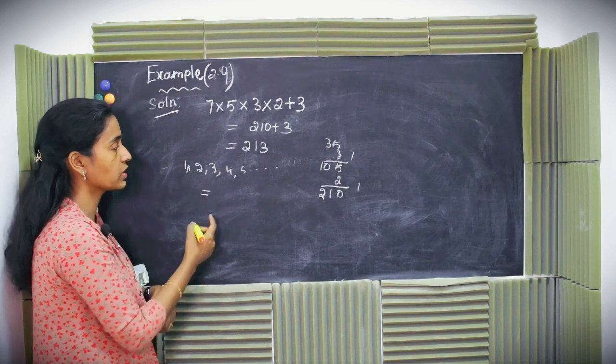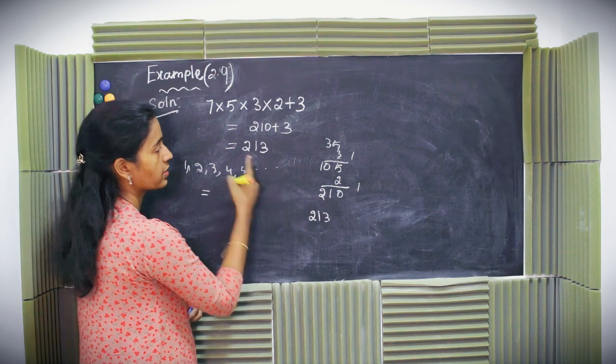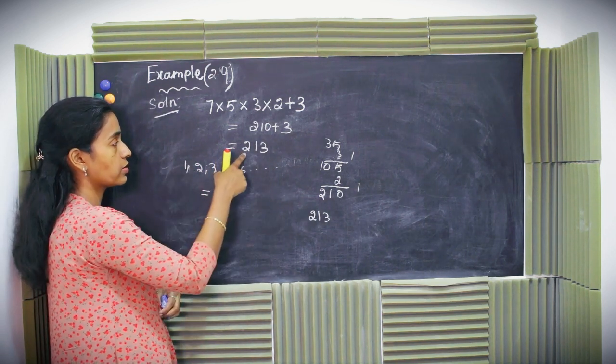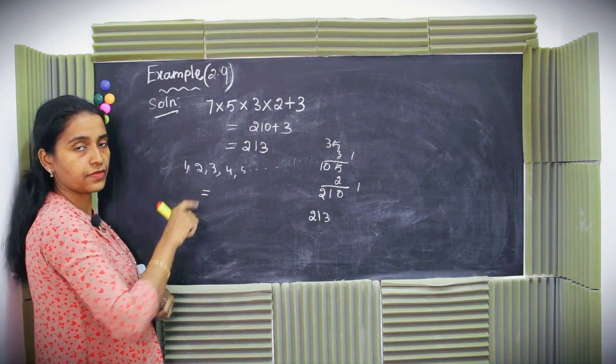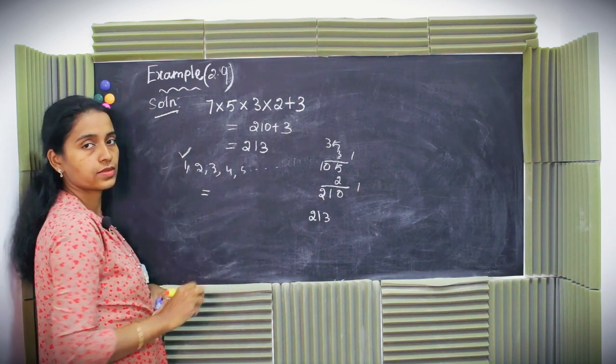Okay. Now we are going to divide 213 by 1 first. This 213 can be divided by 1 completely without leaving a remainder. So 1 would be a factor of 213, right?